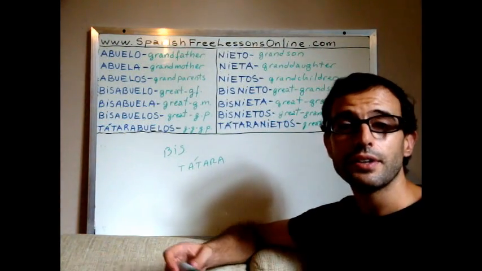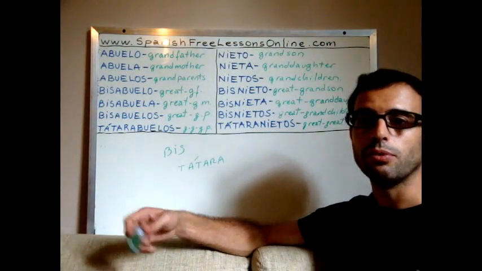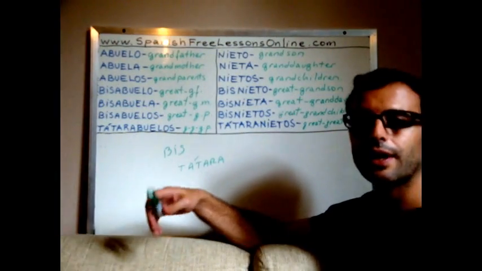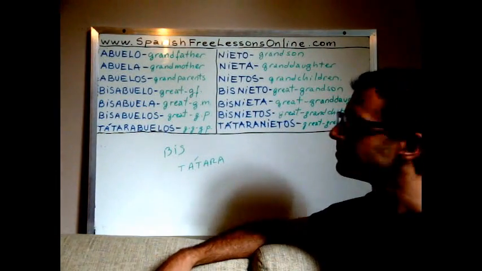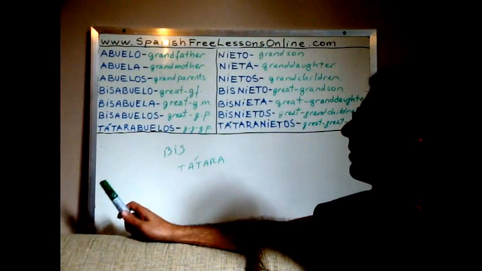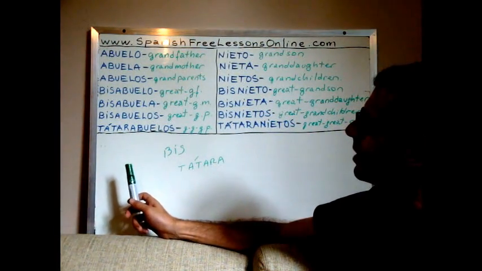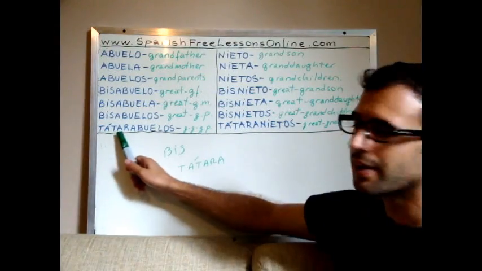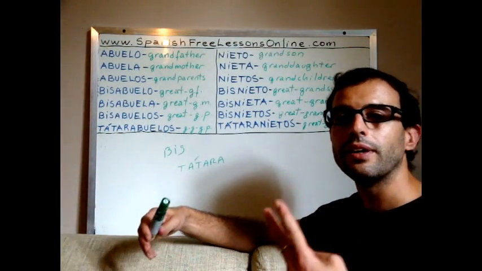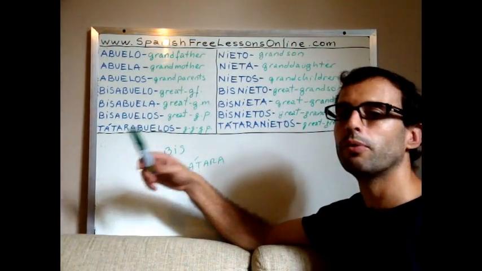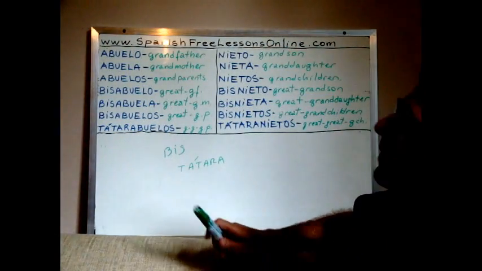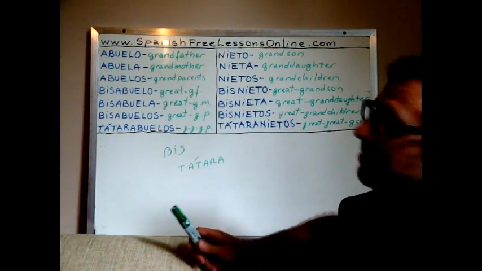So as in English you add great to great to great, here we add tatara, tatara, tatara, tatara, okay? With the difference that for tatarabuelos we use only one tatara and we use twice great in English, right? This would be the great great grandparents. So it got complicated, right?